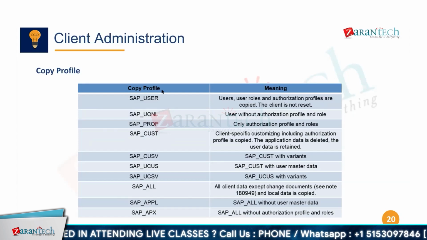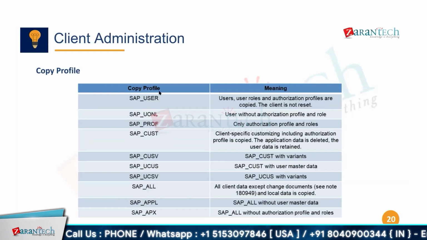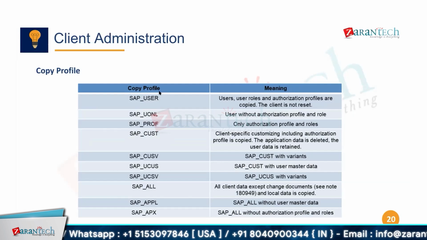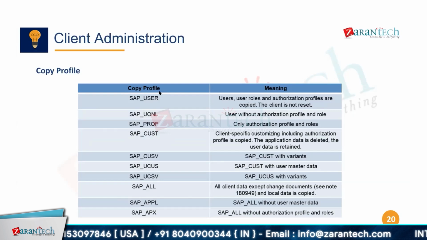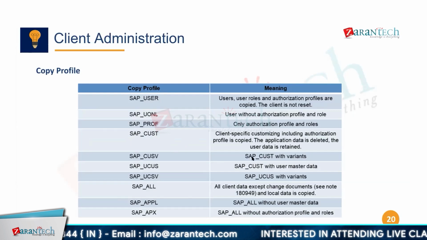The architect, SME or the developers will tell you which profile to copy when you are doing a remote client copy or a local client copy. Clear on this topic? Just know that this is what happens when you copy. Now SAP_CUSV, with variants.